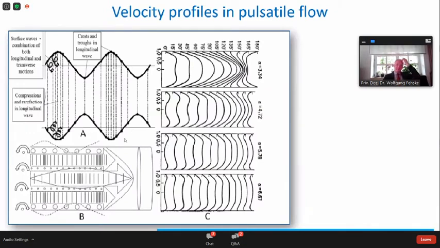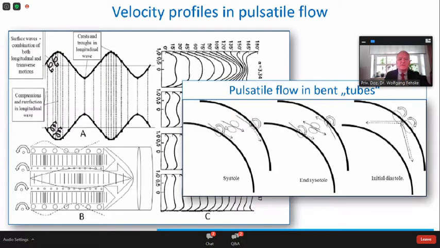These are technical analyses which you can directly pick out from the internet, and you see that in the acceleration phase the profile flattens with time, and the same is true for the deceleration phase afterwards. So even in a rectangular tube, it is not always the case that you only find a flat profile.